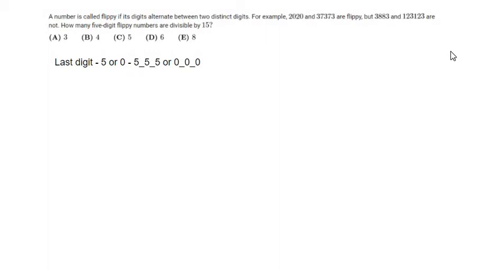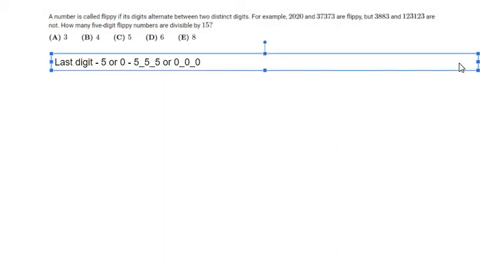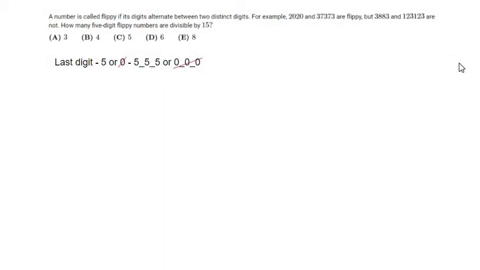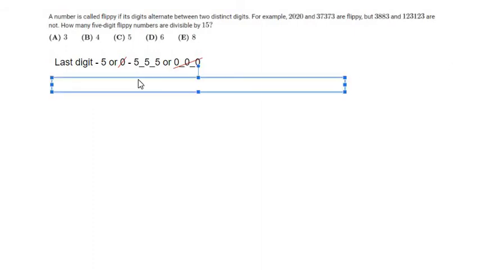Looking at the number 0 blank 0 blank 0, it cannot be a possible answer because 0 cannot be the first digit, or else it would be counted as a 4-digit number. So that means we can cancel out 0 as one of our options.